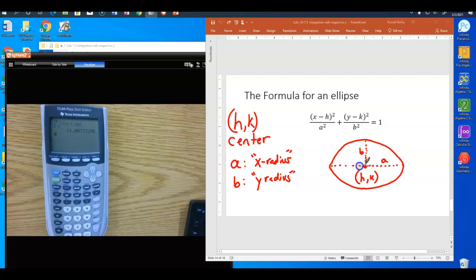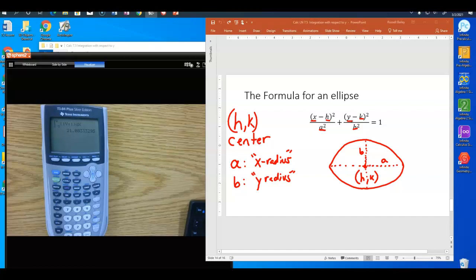So there you go. That's an ellipse. So the h and the k represent the center. The square root of the number on the bottom of the x tells you the x radius, and the square root of the number on the bottom of the y tells you the y radius. And that's going to be good enough for us to get a picture out of all of this.